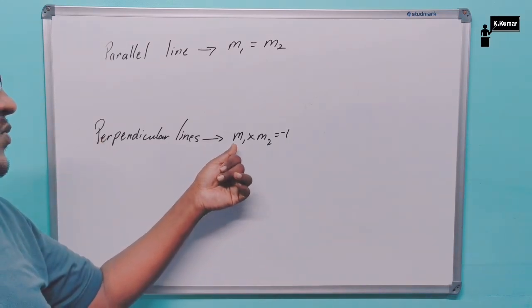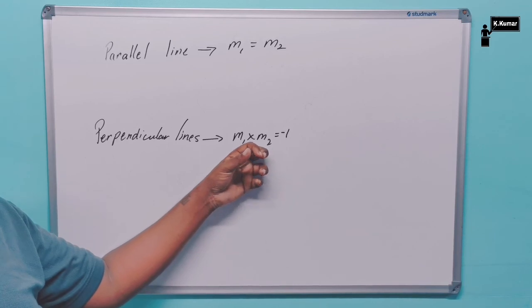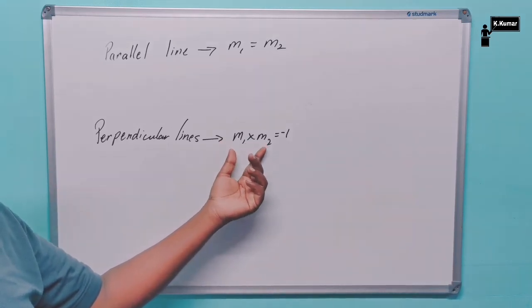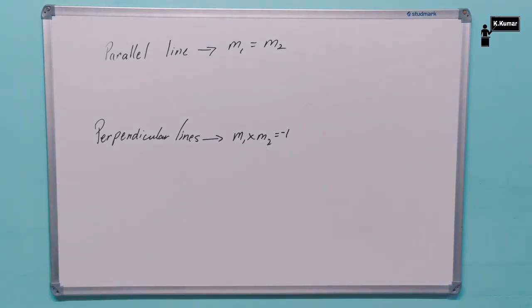Remember that if you know one gradient, then you could simply find the other one because the product of the two must give you negative 1. So those are some simple applications that you need to remember when working with parallel lines and perpendicular lines and finding the equation of a straight line.